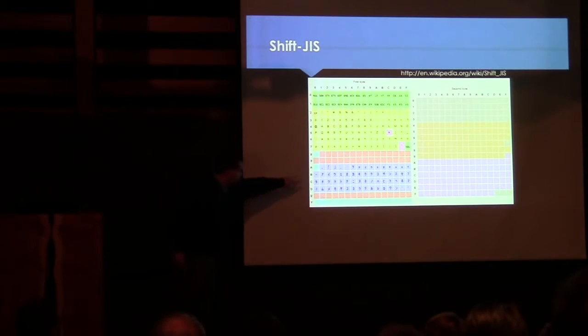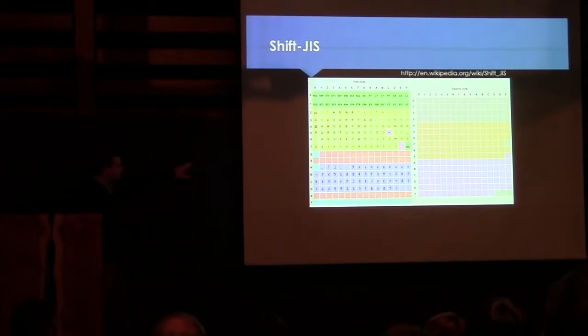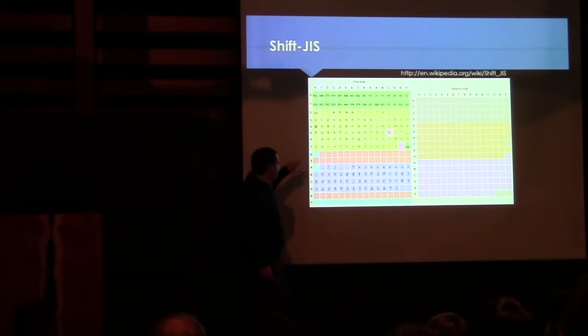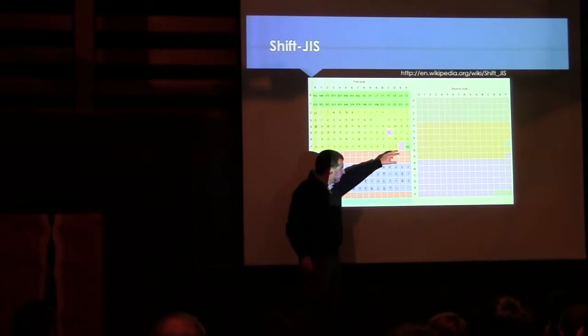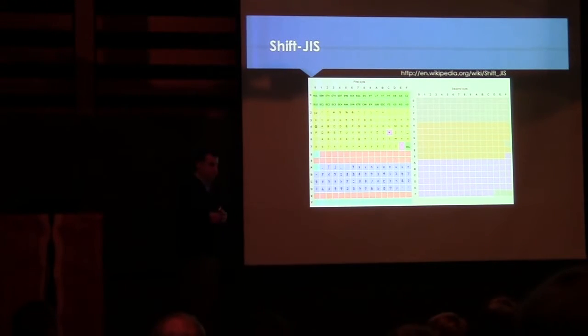If it's one of these bluish boxes, then you map it to that character. And if it's one of the red boxes, it means that it's a lead byte, so it's the first code unit of a 2-byte character. In that case, you read the second byte, and you combine the two to compute the code point to find out what the character is.